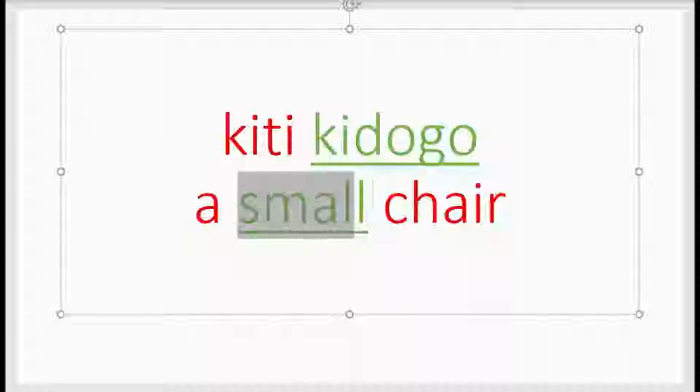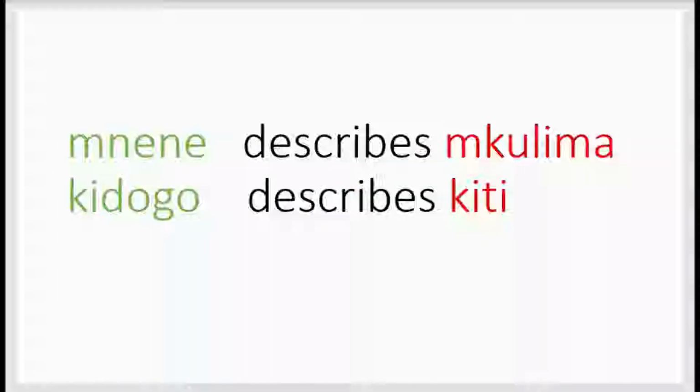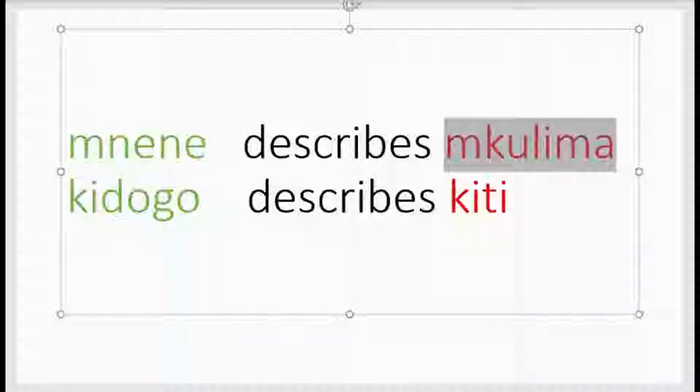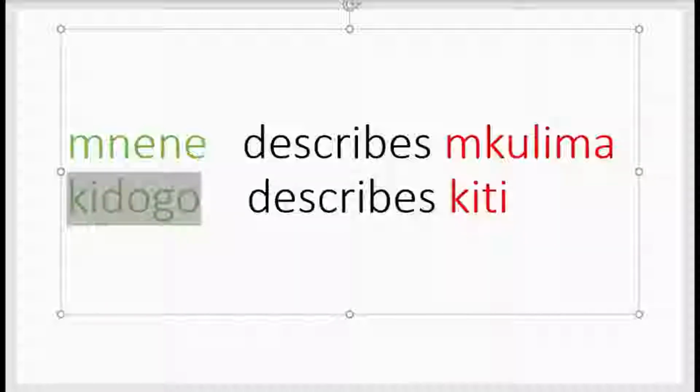Small is an adjective. It tells us the qualities of a noun. It tells us something about the noun. So mnene describes the noun mkulima and kidogo describes the noun kiti.